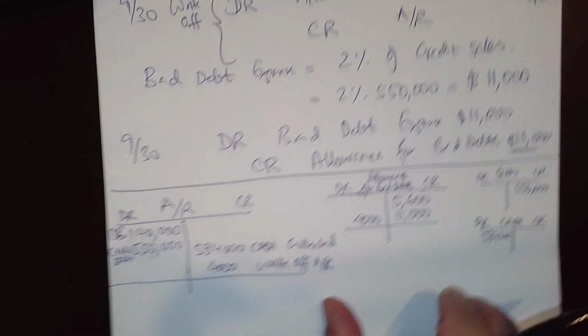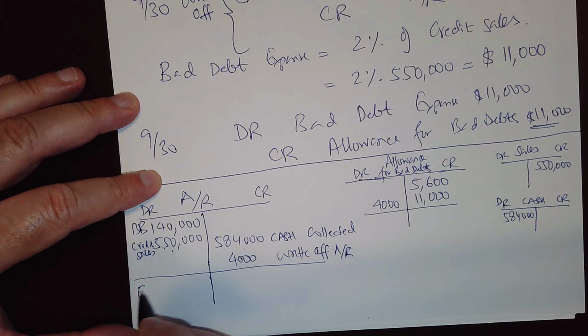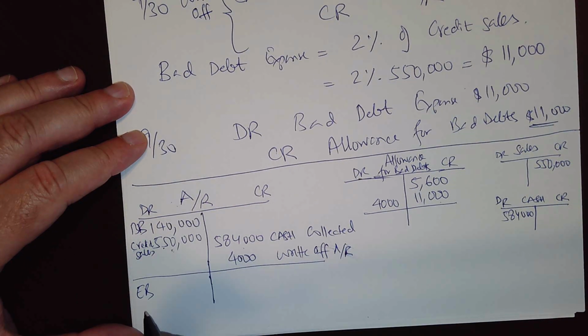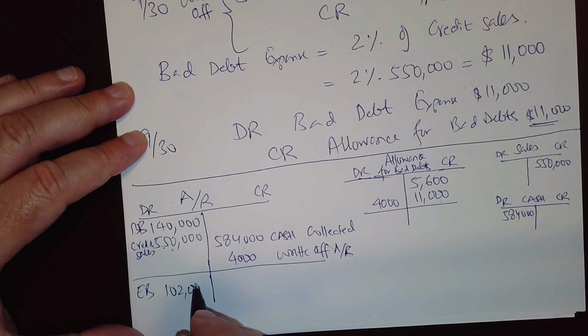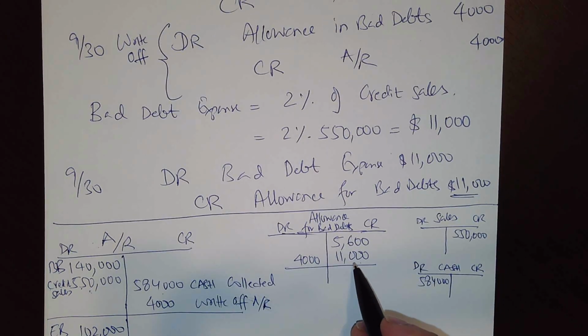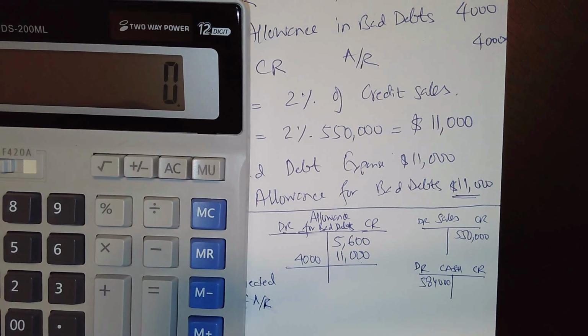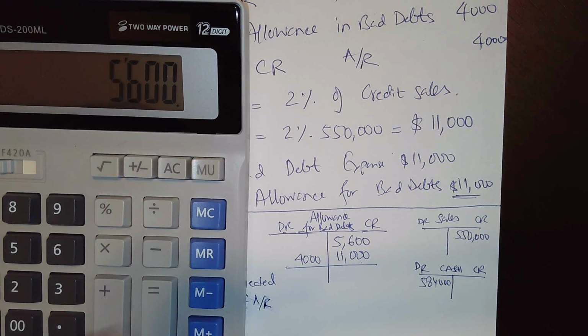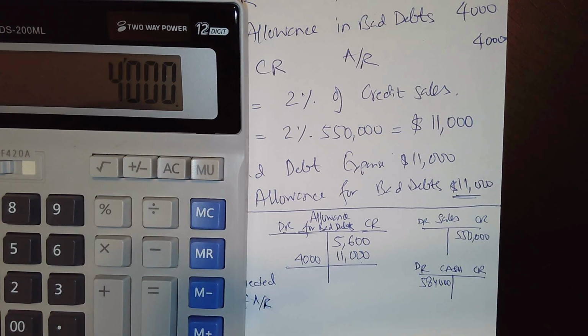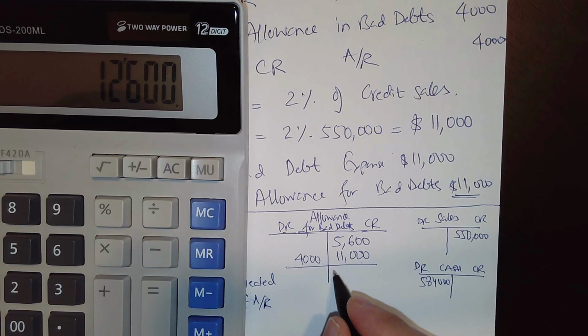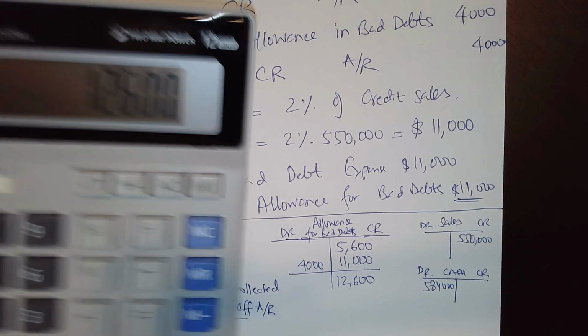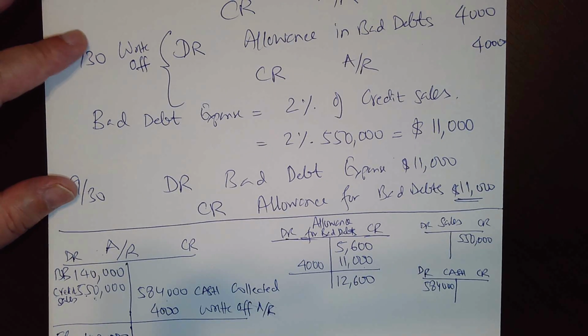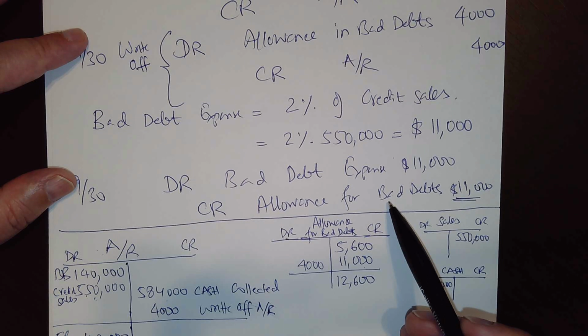So we have an ending balance as of November 30th of $102,000. We also have a balance in allowance for bad debt: $5,600 plus $11,000 minus $4,000 is equal to $12,600. Every time we make a sale, we have to estimate. At the end of the month, the estimation was that 2% of the sales might not be collectible.